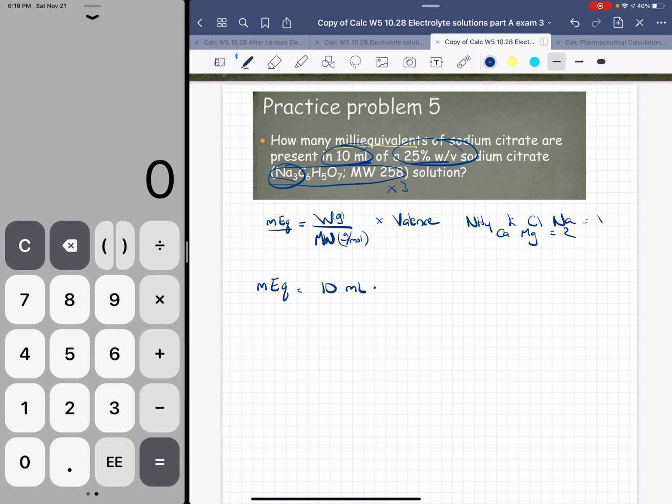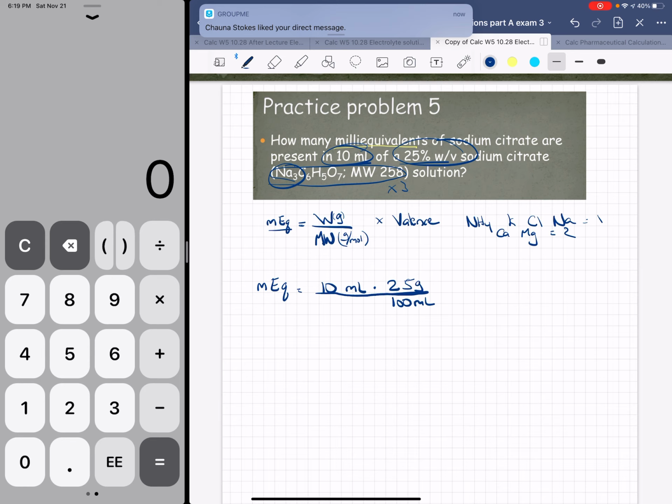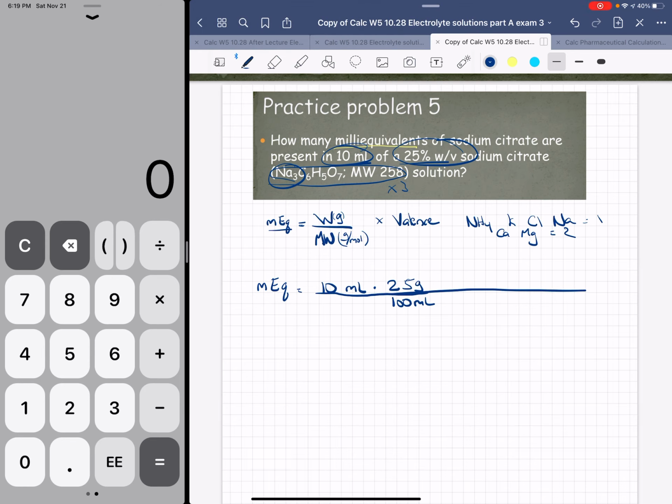My concentration is 25 grams per 100 milliliters. And let's see here, times my valence of 3. And then, don't forget my molecular weight, which is going to be 258 grams per mole.